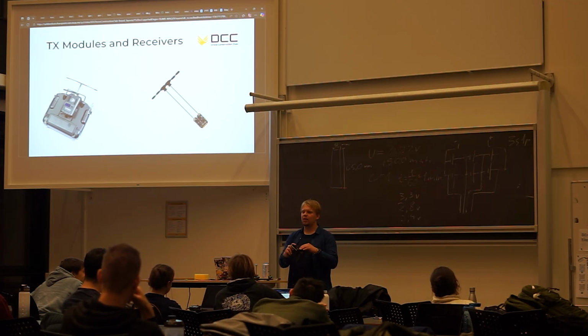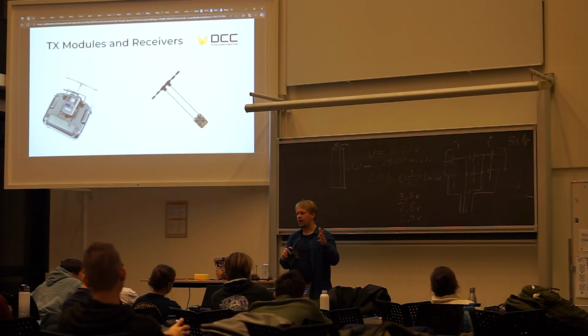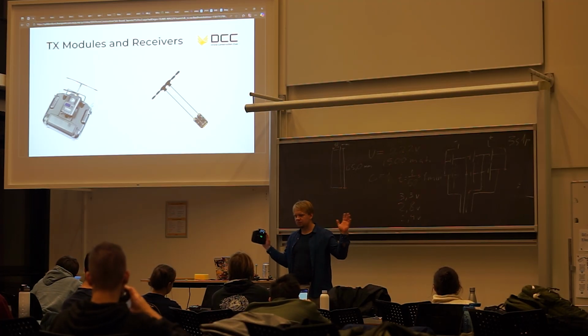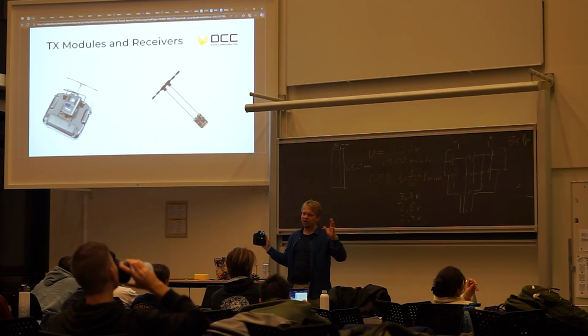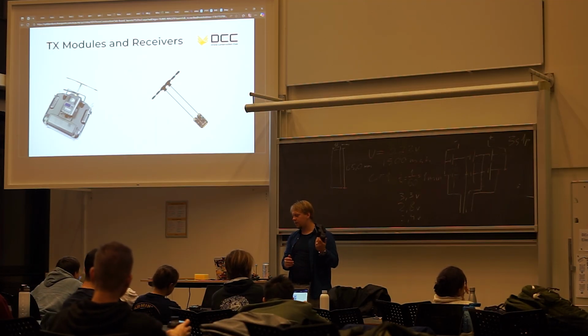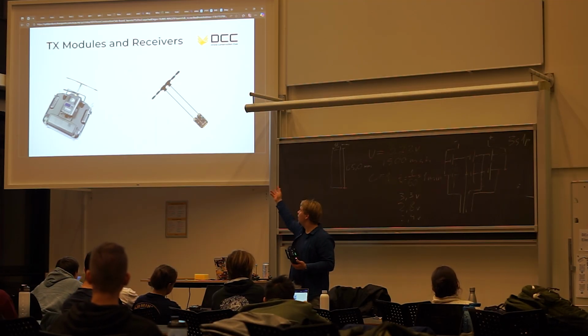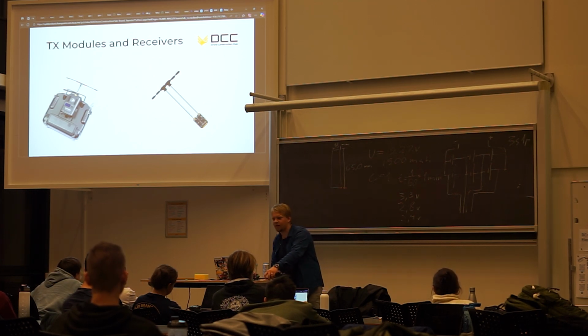Point being is you have an internal radio module. Usually it has one frequency band that can operate there. And then you have a receiver. On the right side, you see the receiver. This is an antenna for the receiver, and the receiver is just in here.